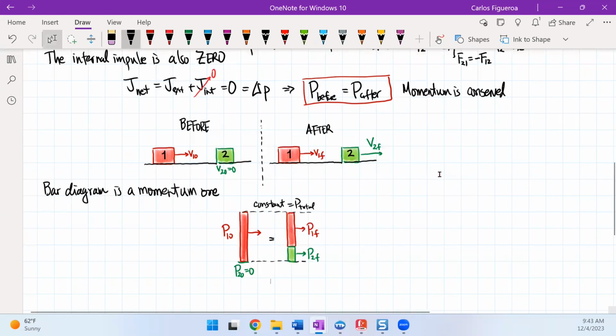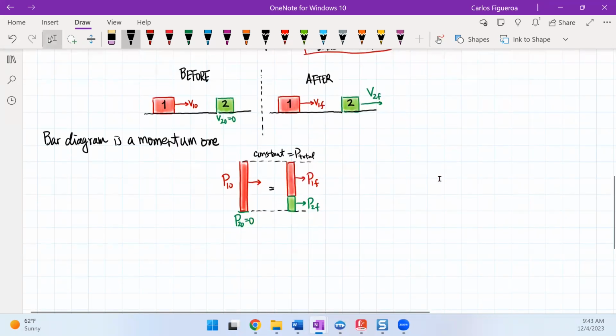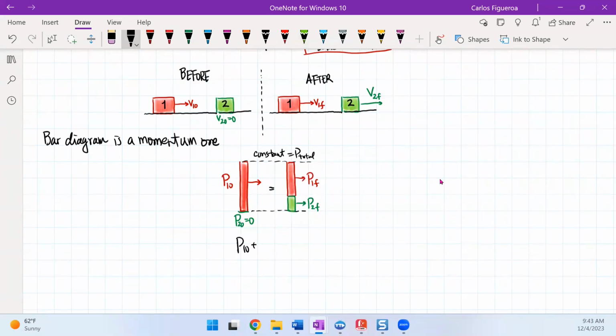So then, conservation of momentum says that P1 initial plus P2 initial must equal P1 final plus P2 final, but we know here that this guy starts off at 0. So if I write out more of the details, this will be M1 V1 initial equals M1 V1 final plus M2 V2 final.